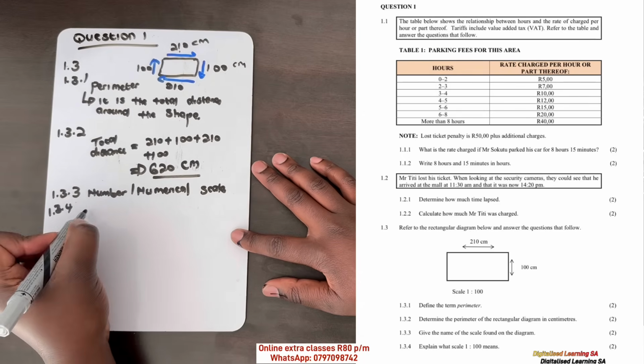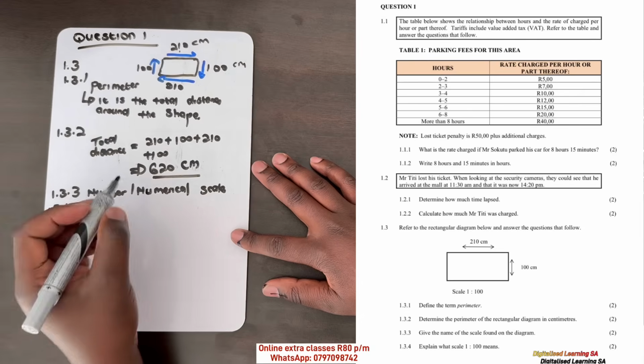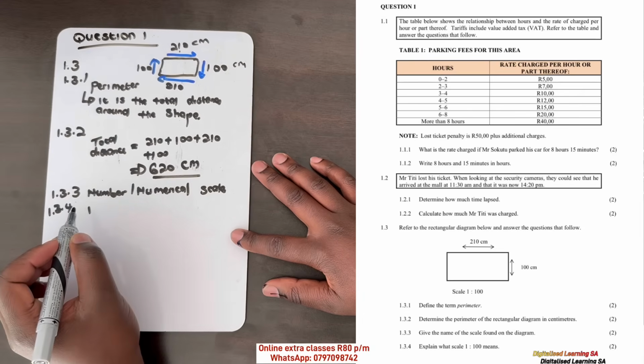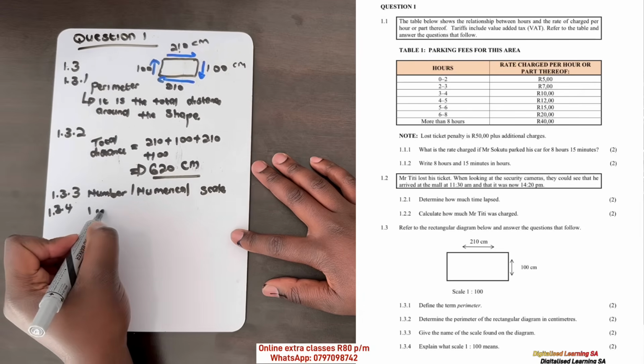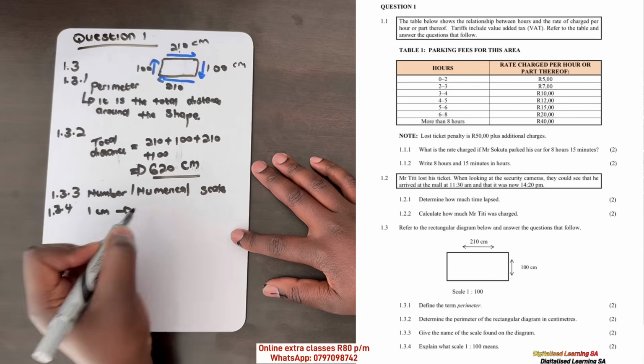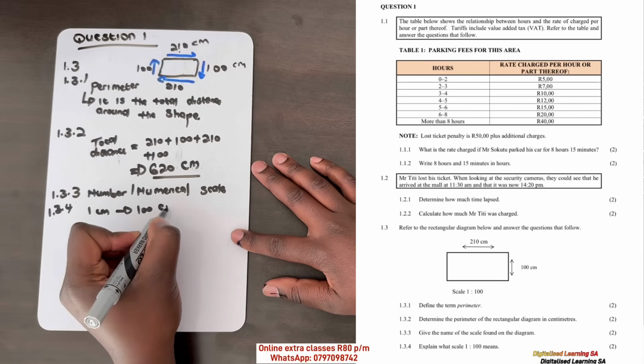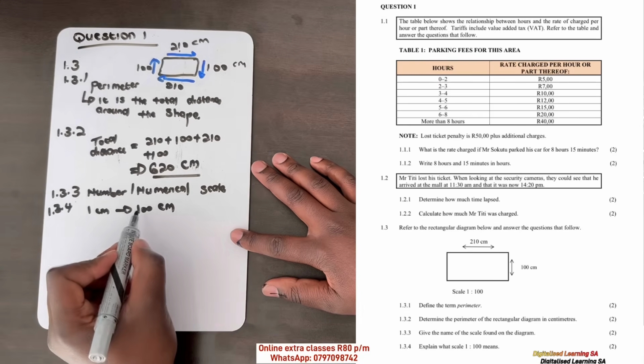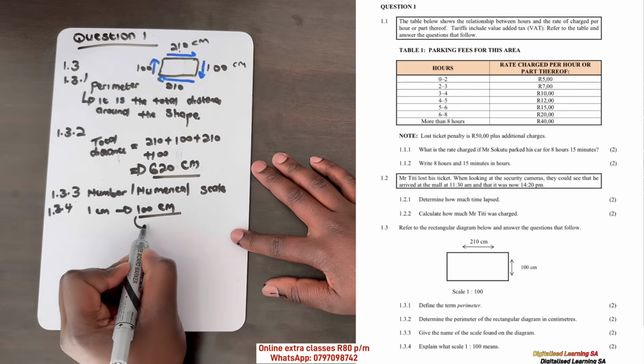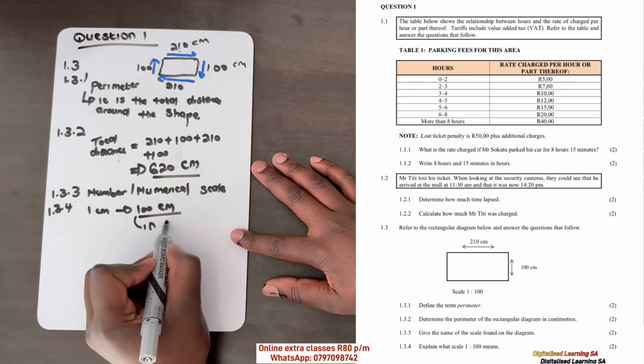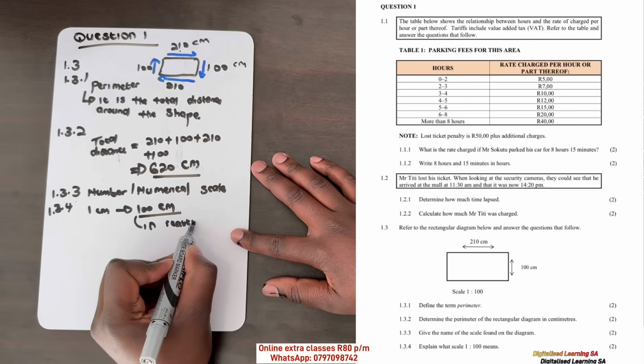If we are seeing 1 centimeter on our shape, it means that in reality this is equal to 100 centimeters.